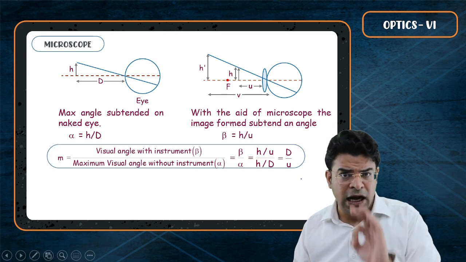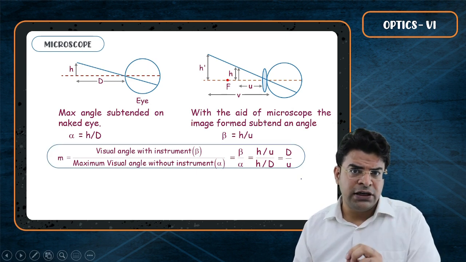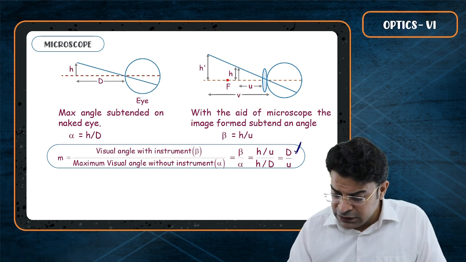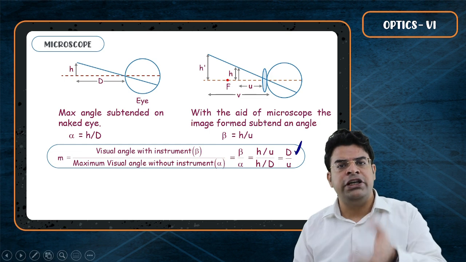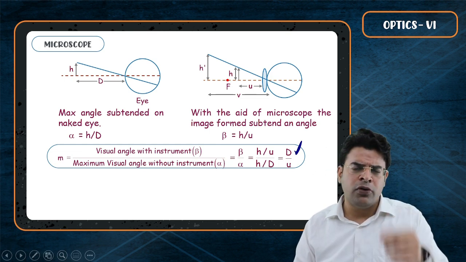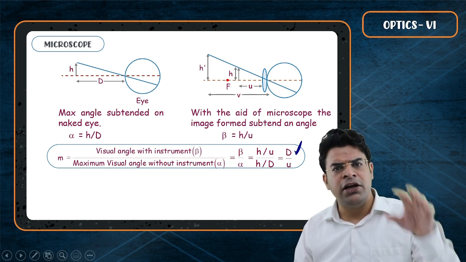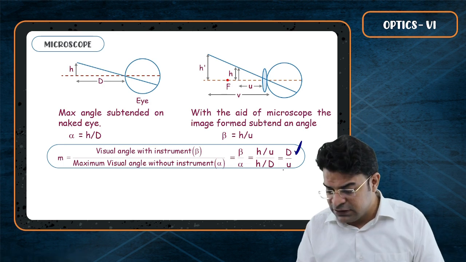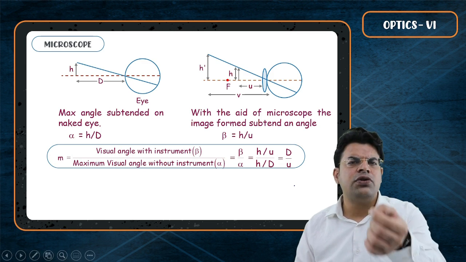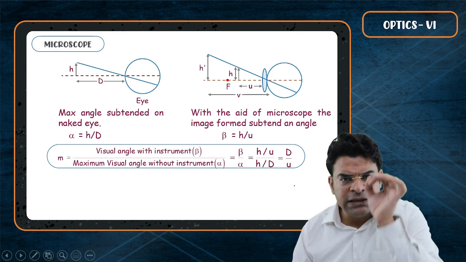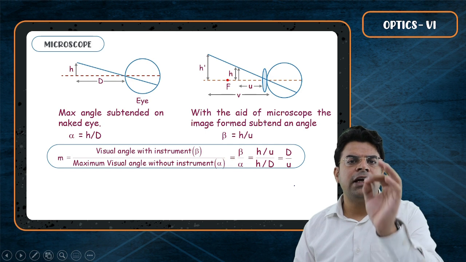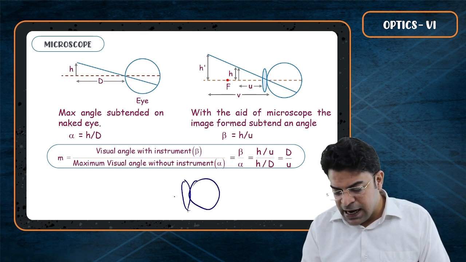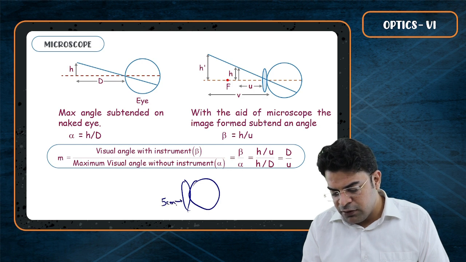Now if I ask 100 students, out of them 99 do not know that for a simple microscope the magnification is d by u. They know some formula: maximum is d by f plus 1, for relaxed vision it is d by f. Most of them do not know it is d by u. So if I ask you one simple question: using a simple microscope, we are looking at the image of an object such that the object is placed at a distance of 5 centimeter from the lens.